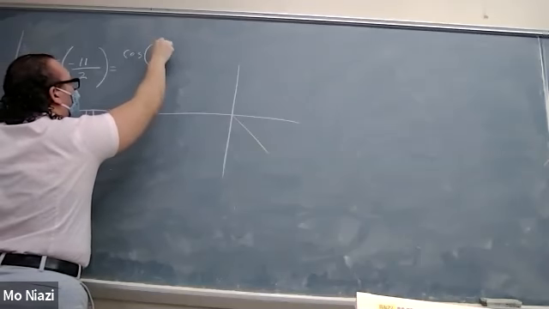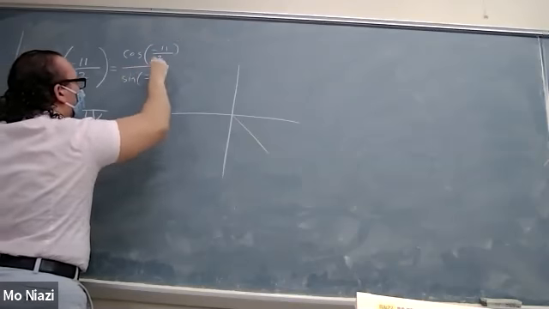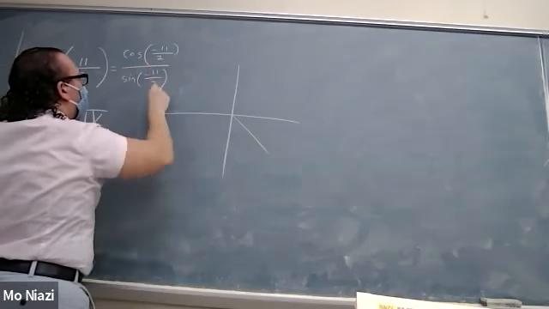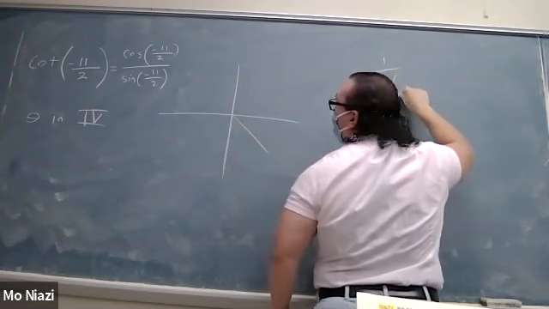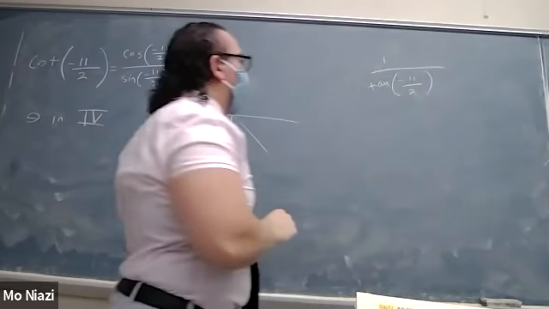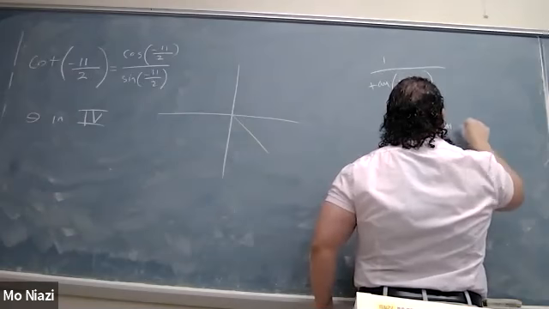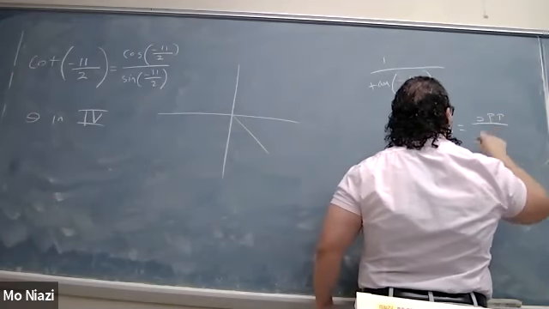Or you could say it's 1 over tangent. Okay. It's the same thing. But let's use this expression. Okay. So remember tangent was opposite over adjacent, right?